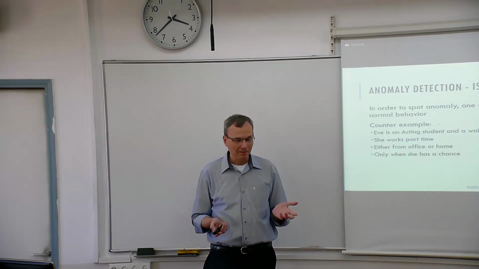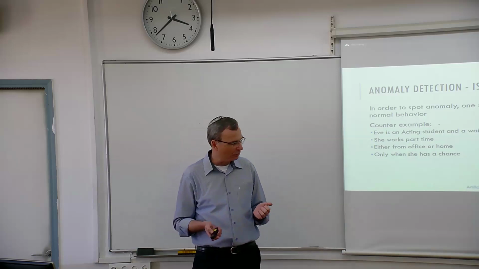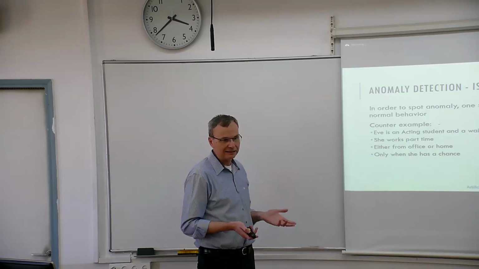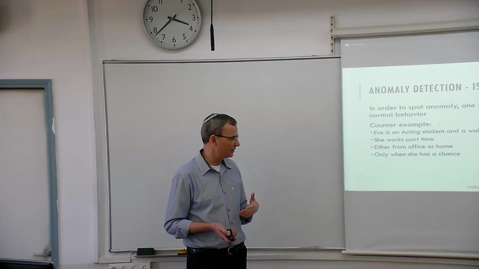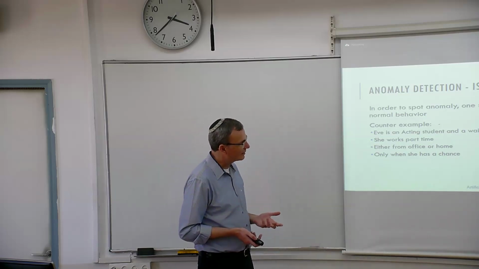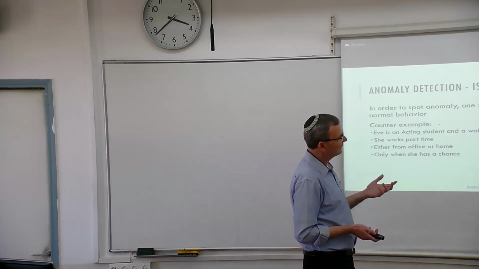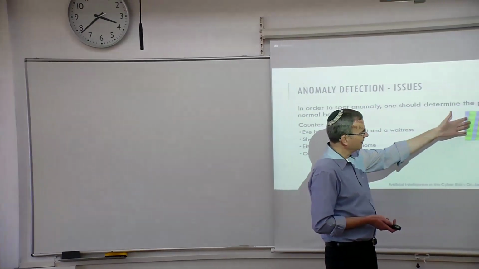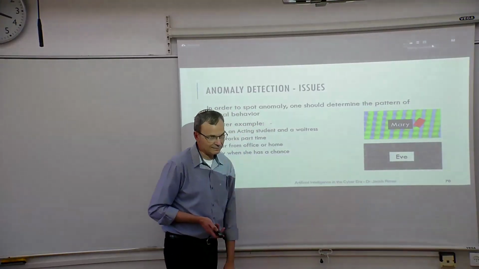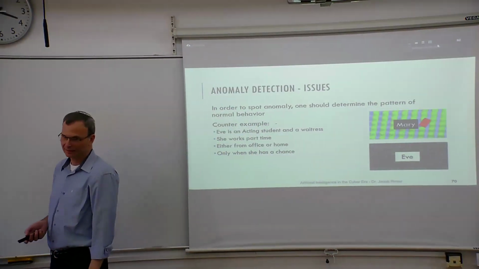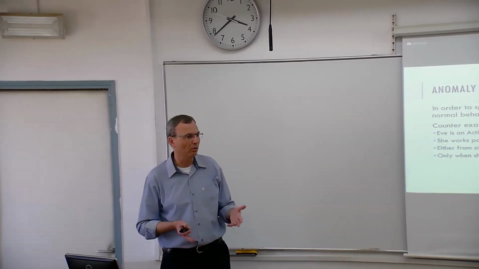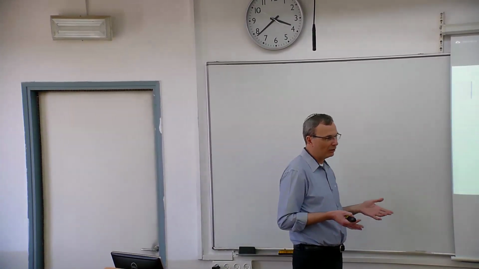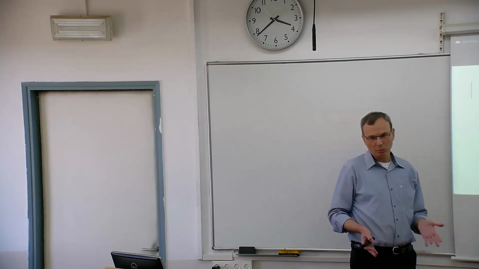Why do you afford to employ her? Because she is very, very talented. So if we notice Mary's pattern, Mary is something like this. Eve is something like this. So if there is no normal behavior, anomaly detection cannot work.